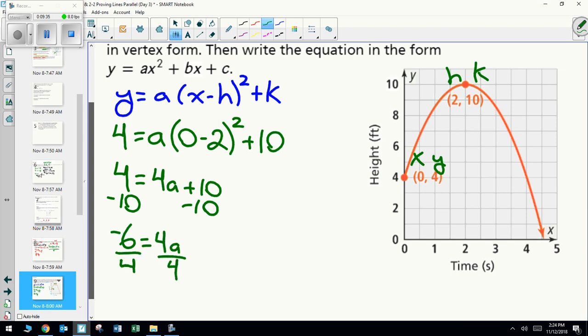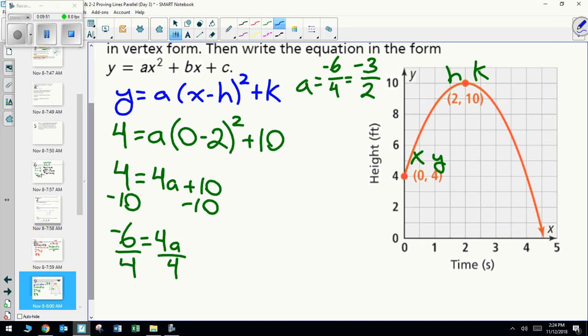And if we divide both sides by 4, we'll get a is equal to -6/4, or we can say -3/2 once we've simplified it. So my equation is going to be y equals -3/2 times x minus 2 squared plus 10.